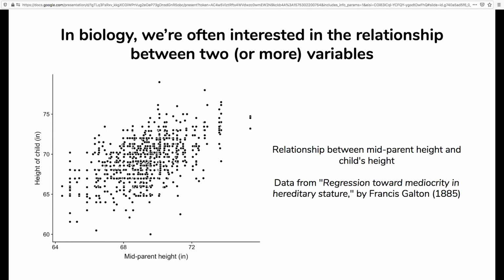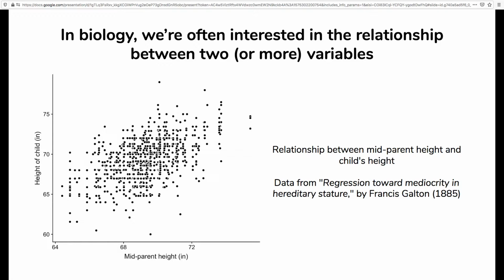I've just replotted some data here from an 1885 publication where he's looking at, on the x-axis, the sex-adjusted average height of both parents, so-called mid-parent height, and on the y-axis, the sex-adjusted heights of their children in inches. And you can see this pretty clear positive trend indicating that generally taller parents tend to have taller children.